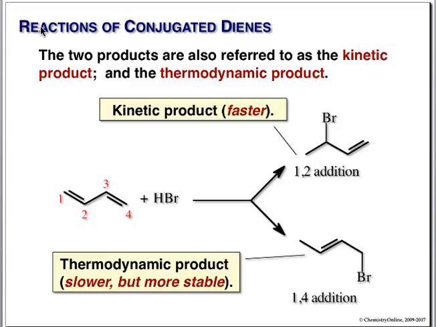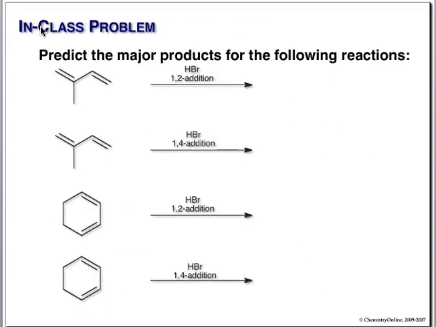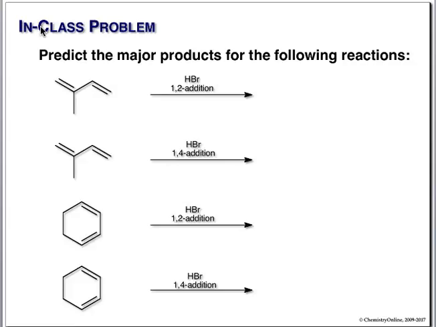Well, let's do some chemistry here. Take this diene and do a 1,2 addition of HBr. Now remember, this is going to be a simple Markovnikov addition, isn't it?